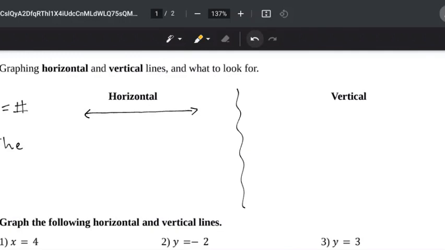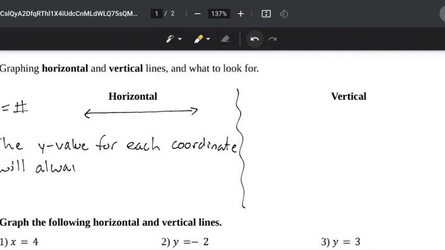The y value for each coordinate will always be the same. It'll always be that number that y equals in the equation. And then the final reminder, the slope is 0 for a horizontal line.